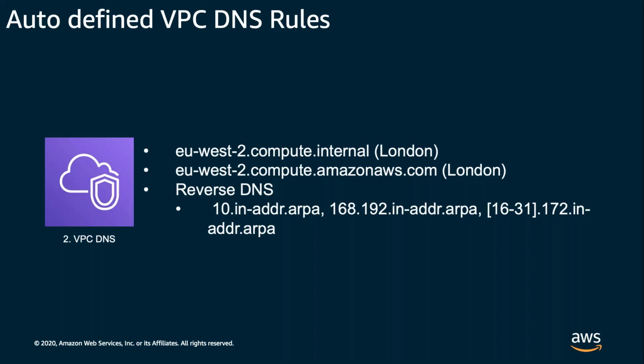And then there's also reverse DNS. So some applications will actually send out a query for an IP address and then want to return the host name. And we automatically define those so that the underlying applications can just continue to function without any type of issues because we provide that reverse DNS.